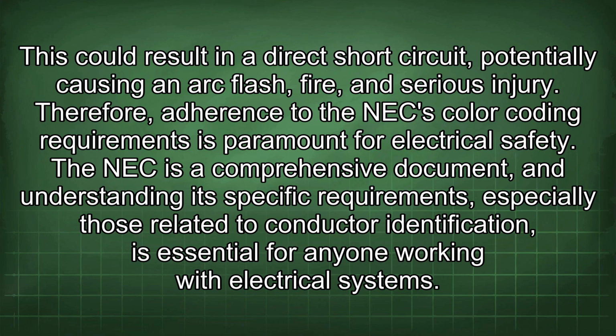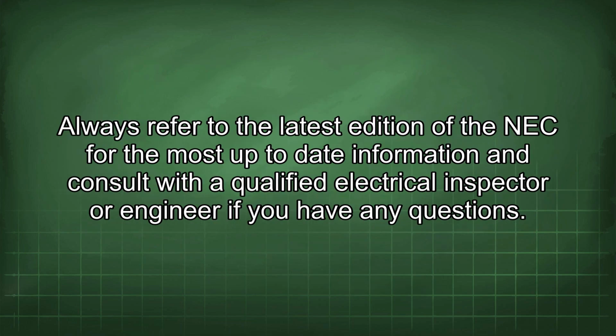The NEC is a comprehensive document, and understanding its specific requirements, especially those related to conductor identification, is essential for anyone working with electrical systems. Always refer to the latest edition of the NEC for the most up-to-date information and consult with a qualified electrical inspector or engineer if you have any questions.